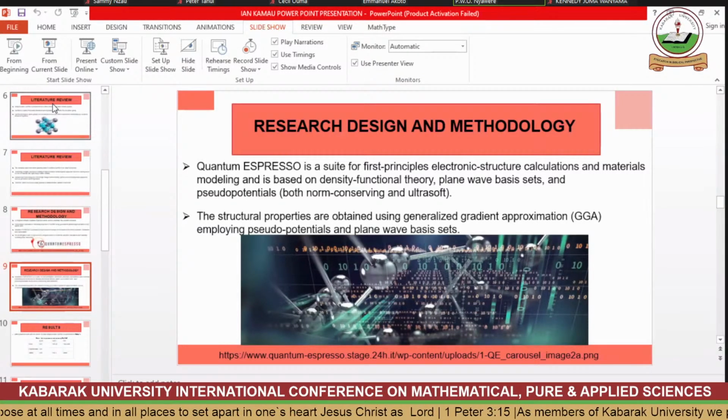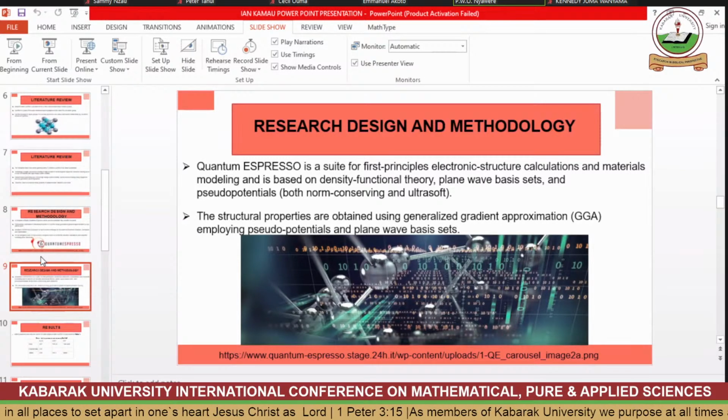The structural properties are obtained using generalized gradient approximation, employing pseudopotential and plane wave basis set.